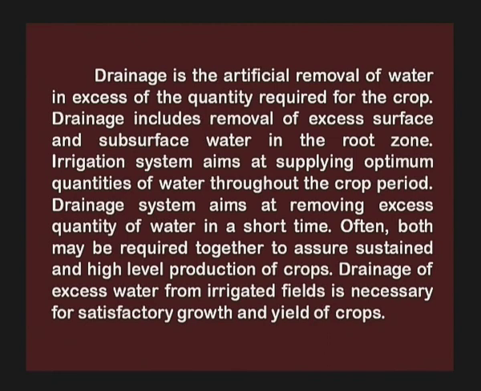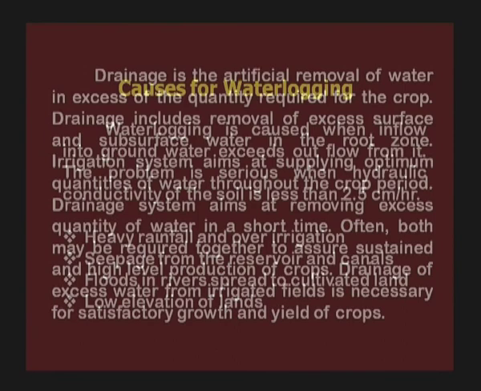Drainage system aims at removing excess quantity of water in a short time. Often, both may be required together to assure sustained and high level production of crops. Drainage of excess water from irrigated fields is necessary for satisfactory growth and yield of crops.